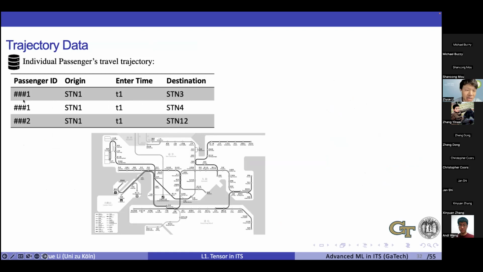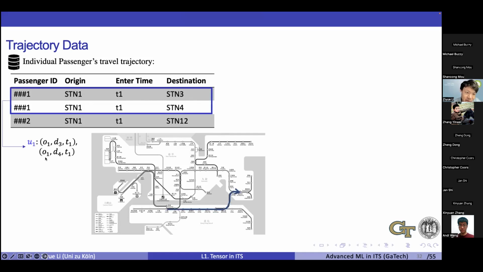A passenger traveled from station 1 to station 3 at time 1 and arrived at, for example, time 4. I don't care about the arrival time, because usually every stop is 2 minutes, so we can just count the distance and calculate the travel time. So we only look at three elements: ODT, where T is the entering time.